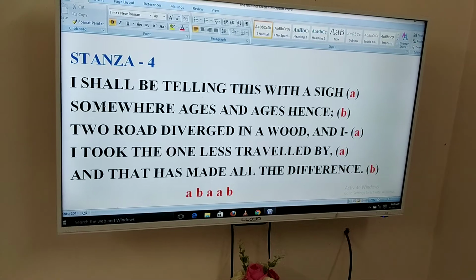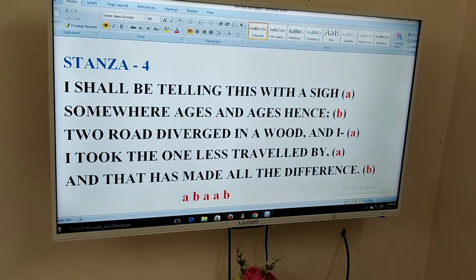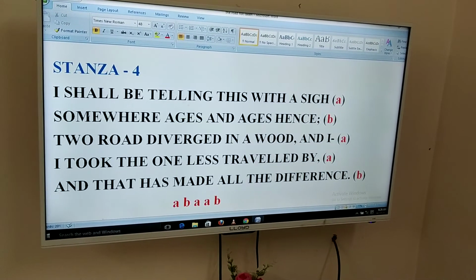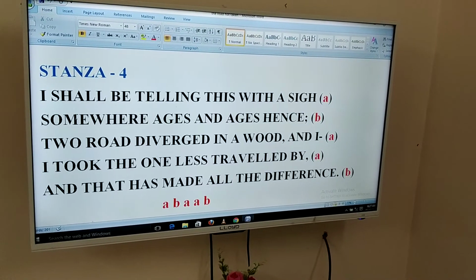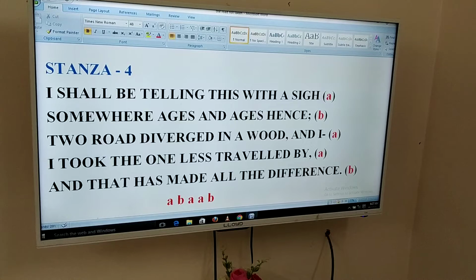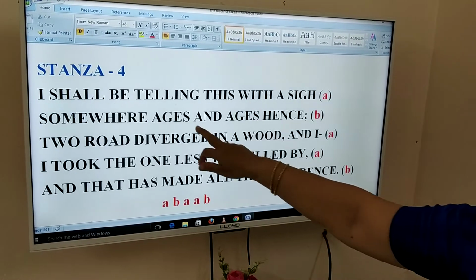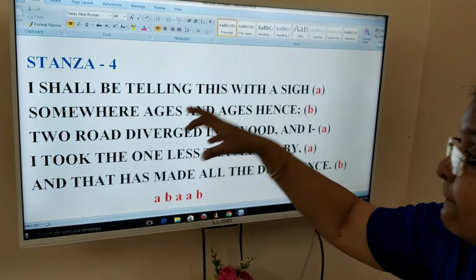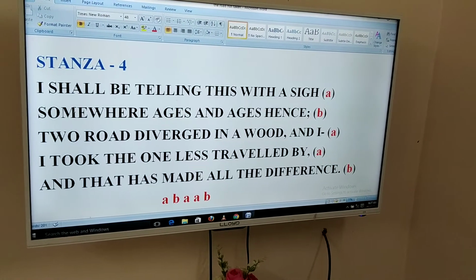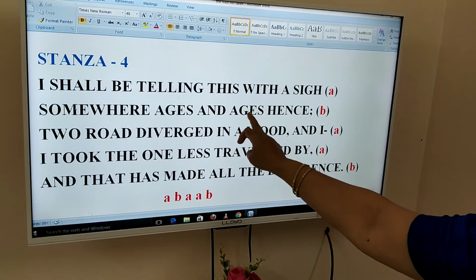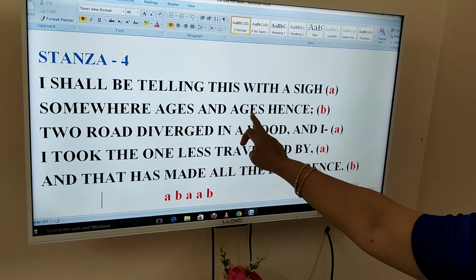Now, we have here repetition. What is repetition? When you repeat the same word again and again to give emphasis, it is known as repetition. And we have here 'ages and ages'. To emphasize the time period, the poet says ages and ages. So it is repetition.